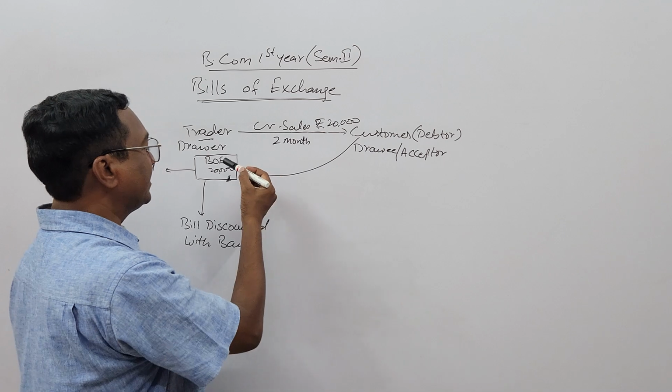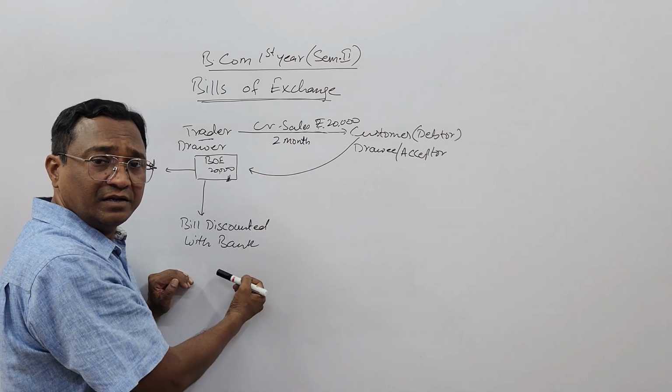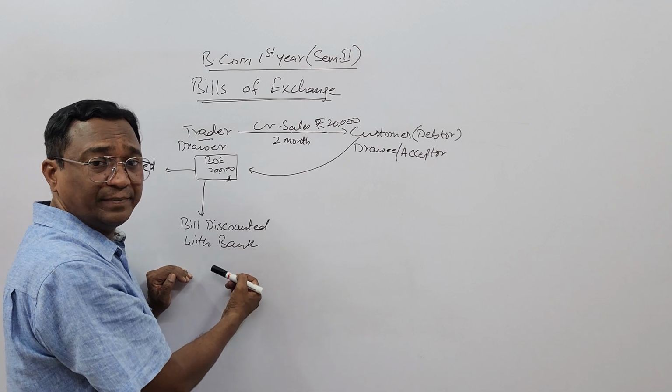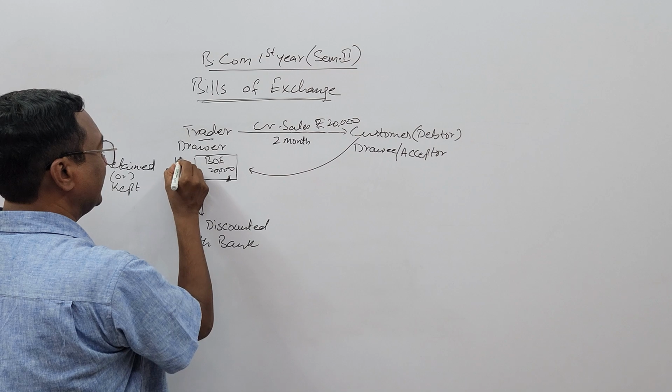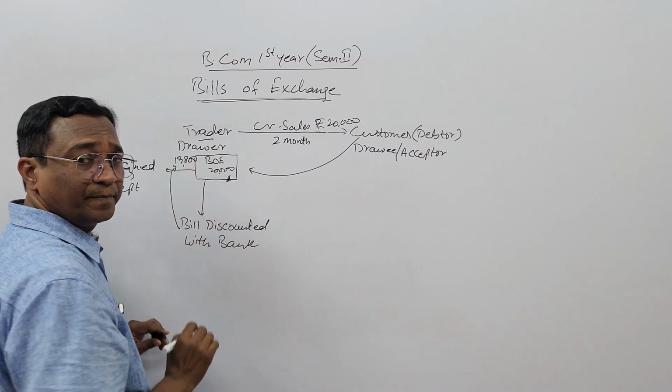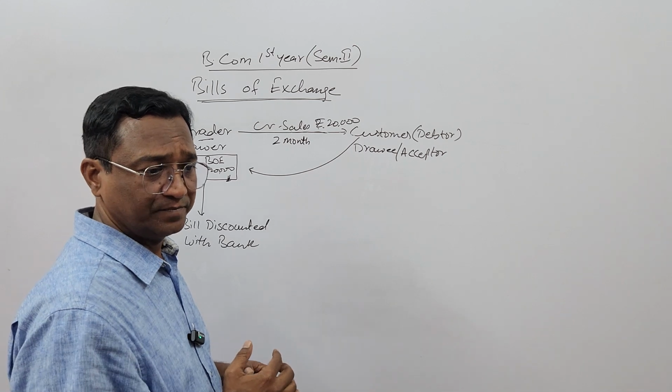So what the trader can do with this bill is, when he wants money, he can give it to the bank. That is what we call discounting with the bank. The bank gives him immediately nearly 19,800 rupees. 200 rupees is the discounting charge. The bank charges a discounting amount.